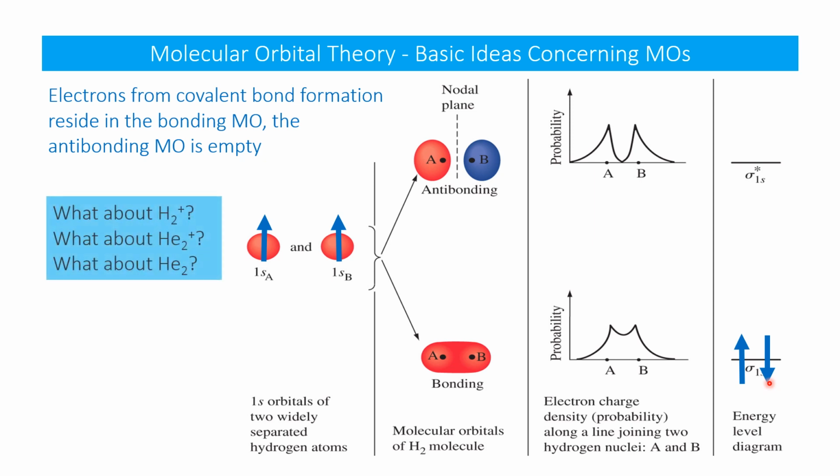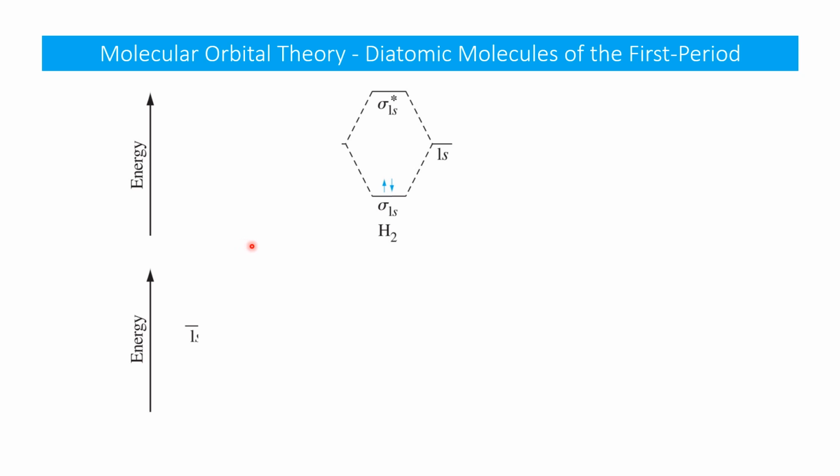But what happens when we have things like a 1 electron system like H2 plus, a 3 electron system like He2 plus, or a 4 electron system like He2? Let's have a look. For dihydrogen, which we already covered, the bond order, which is the number of bonding electrons minus the number of anti-bonding electrons divided by 2, in this case equals 1.